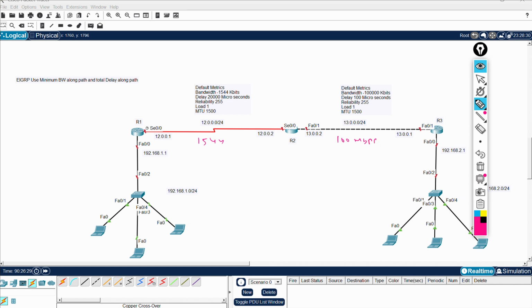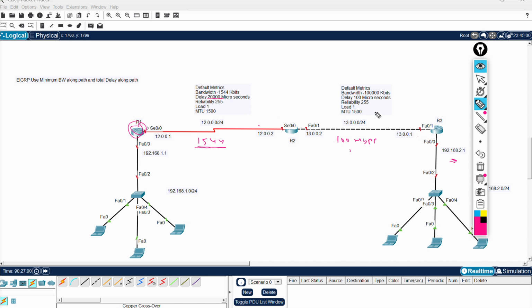But what is the lowest bandwidth? The lowest bandwidth is 1544 kilobits. So R1 considers the bandwidth for the 192.1.2.0 network as 1544 only. It does not consider 100 Mbps. It is the lowest bandwidth along the path. But R1 uses total delay. From R1 to reach the 2.0 network, between R1 and R2 the delay is 20,000 microseconds.